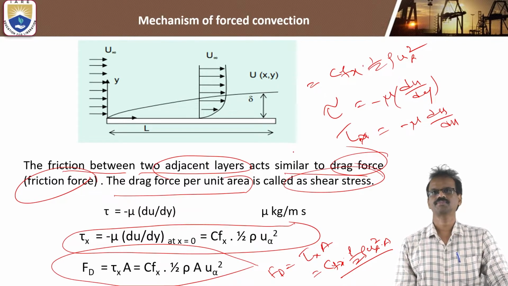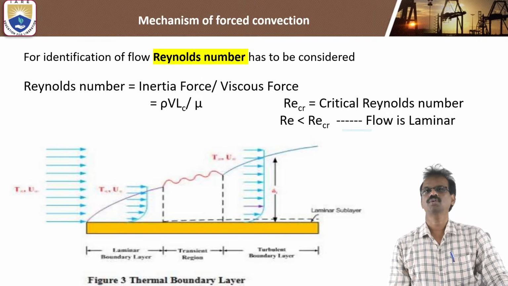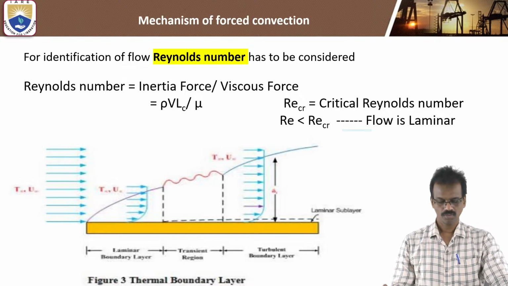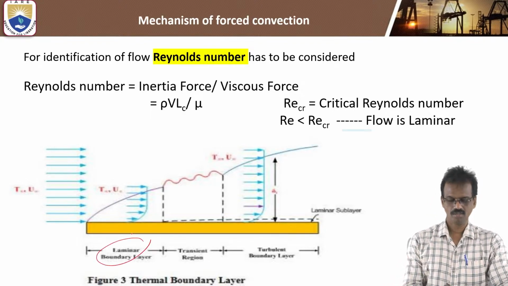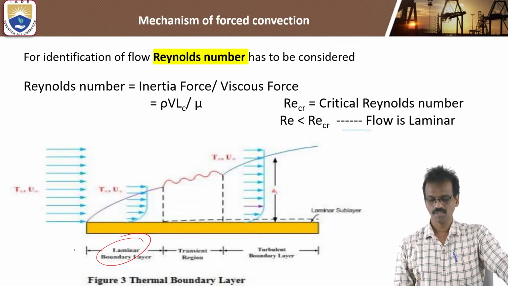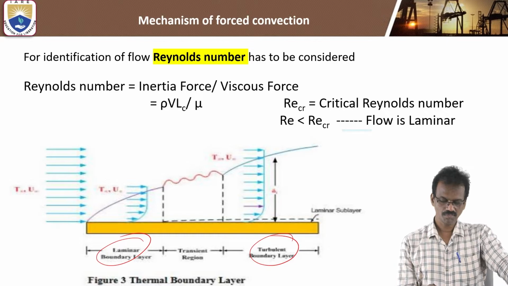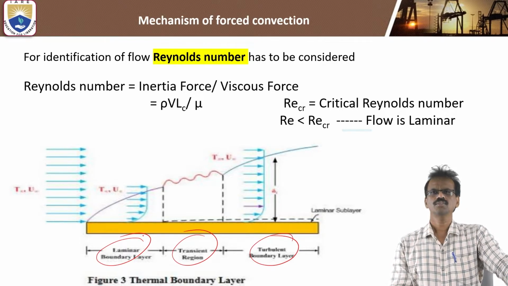You know that in the flowing of a fluid, two types of flows we will see: laminar flow and turbulent flow. In between is the transient flow, which you already learned in fluid mechanics.